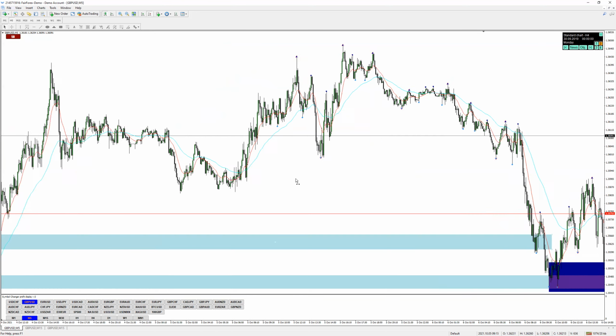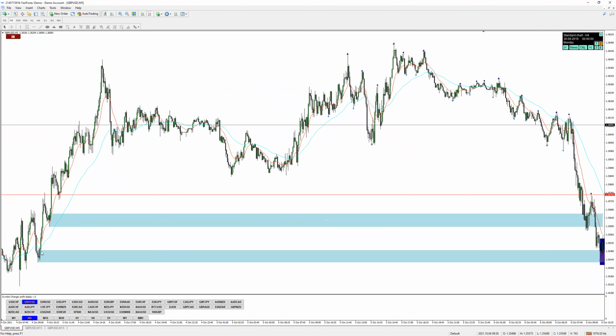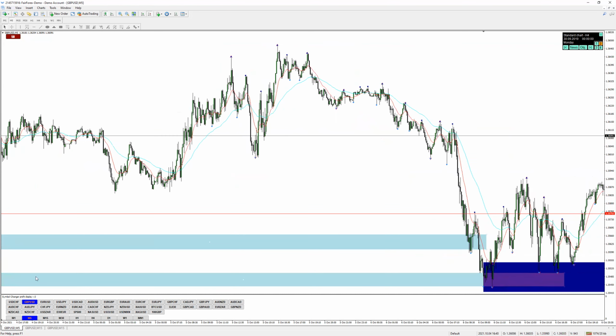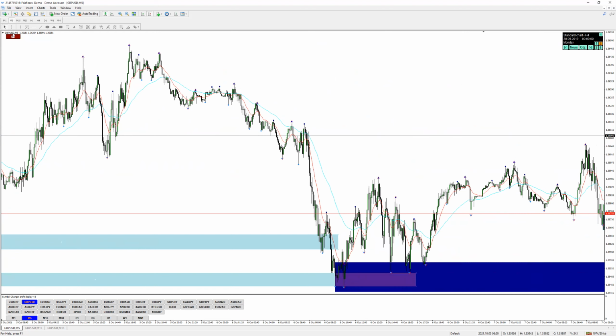So, here we go. This order block here is the one I would have been looking at. Here, guys, right here. So potentially, I have a 6 pip stop loss right here. So if I took this trade, guys, and say I lost this one, price broke down and I lost.